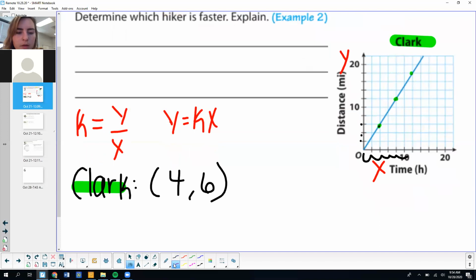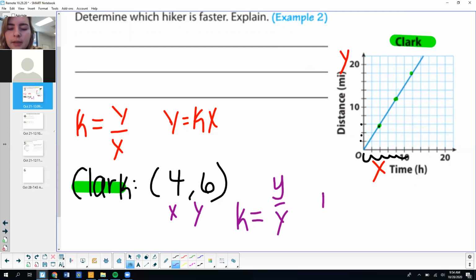Remember, to get our constant of proportionality, all we need to do is, we've got x, we've got y. I already picked a point. So all I have to do is take k equals y divided by x.